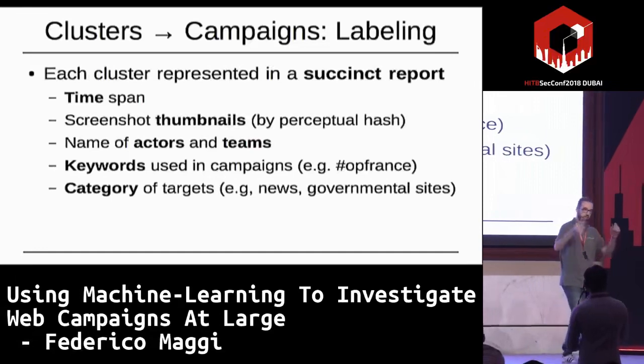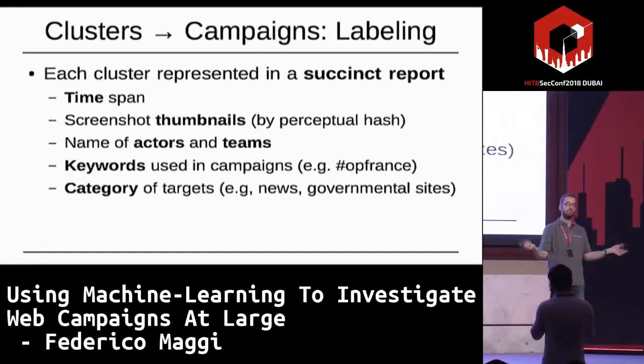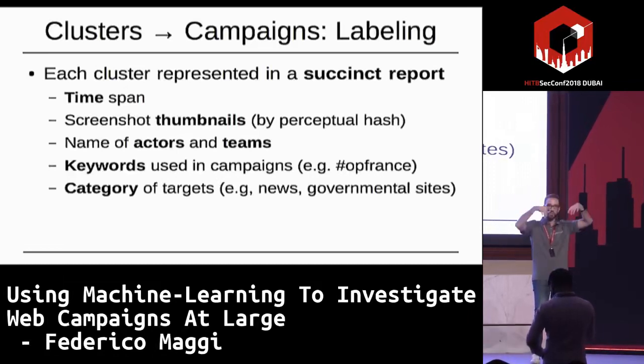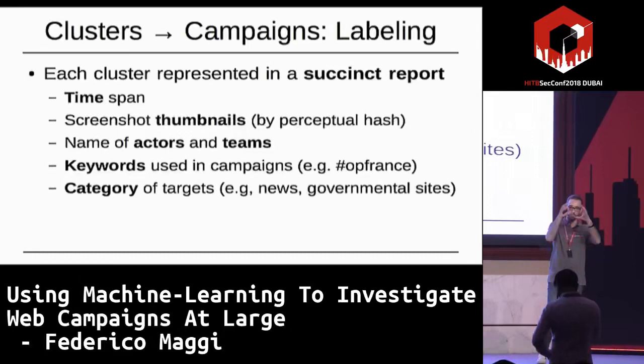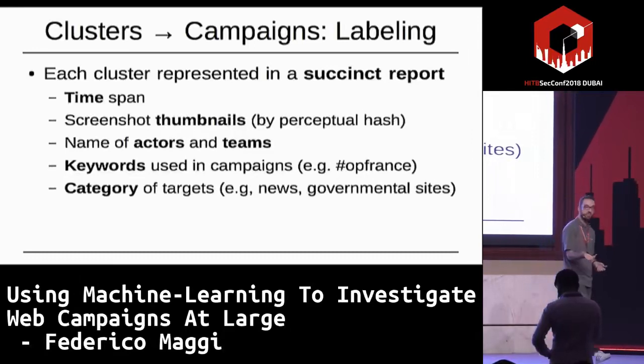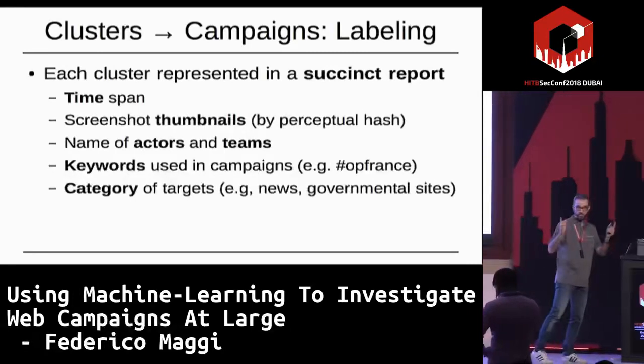So we give names within the same clusters, and if we find by accident that two clusters end up having the very same label, we group those clusters together. So we do a second step of coarser-grained clustering. What we look at are the time span, so how long it is.